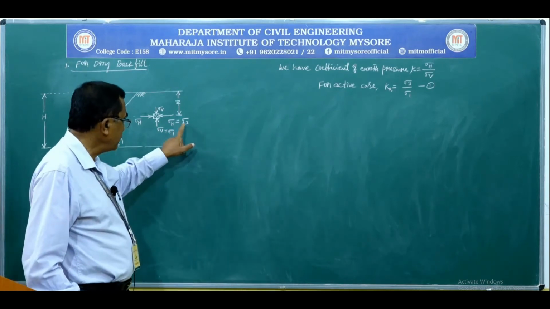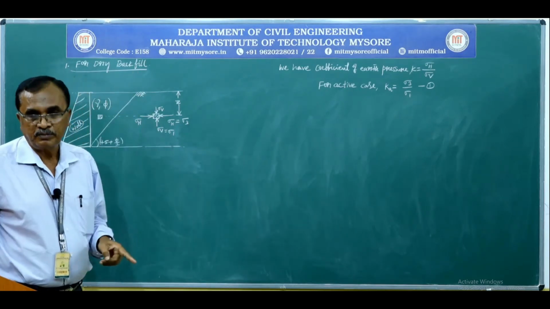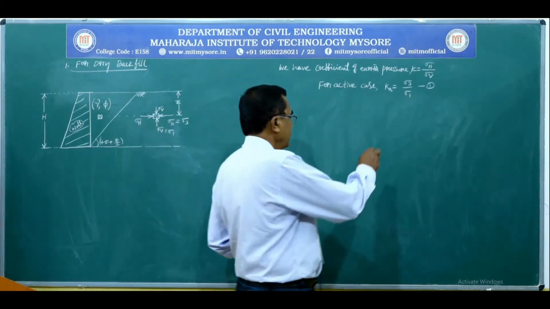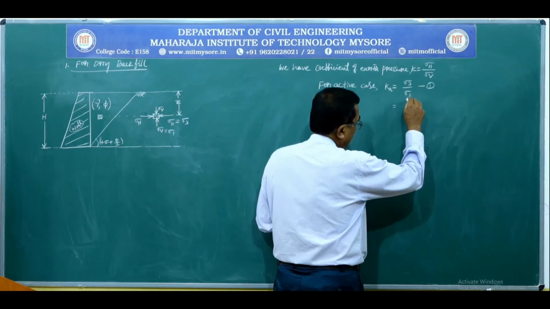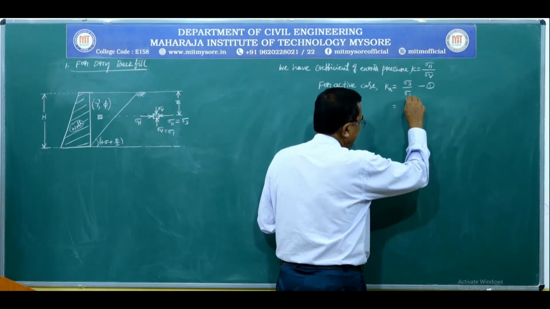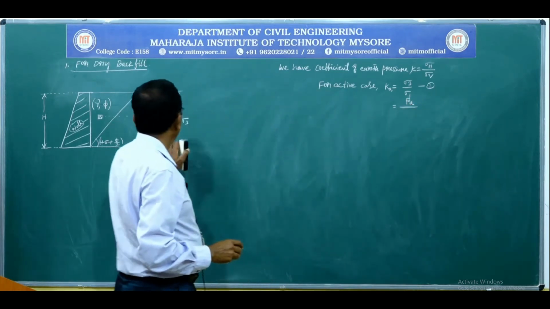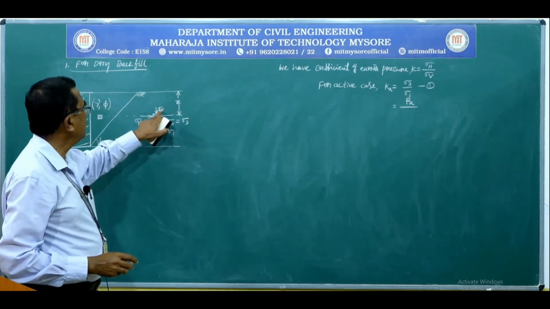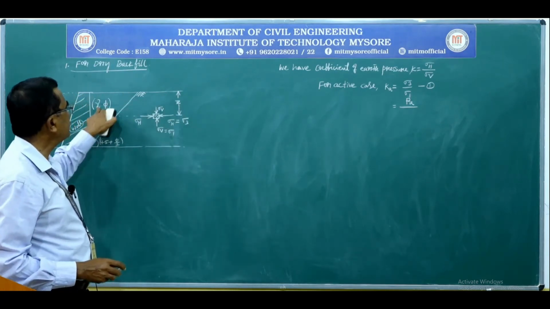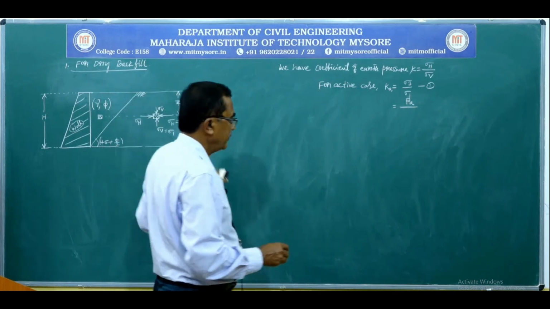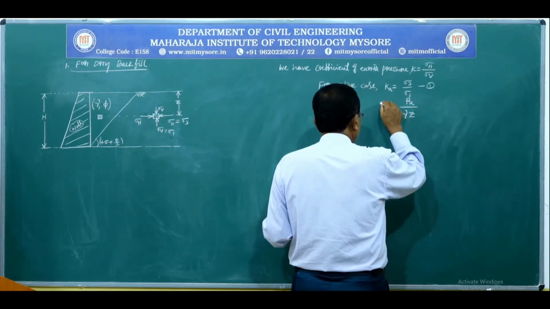So we can consider sigma h is equal to sigma 3, that is equal to the active earth pressure. So here sigma 3 can be written as Pa, acting laterally in the horizontal direction, and sigma 1 is equal to sigma v, that is at the depth of z below the ground surface, equal to unit weight of soil into the depth, gamma into z.